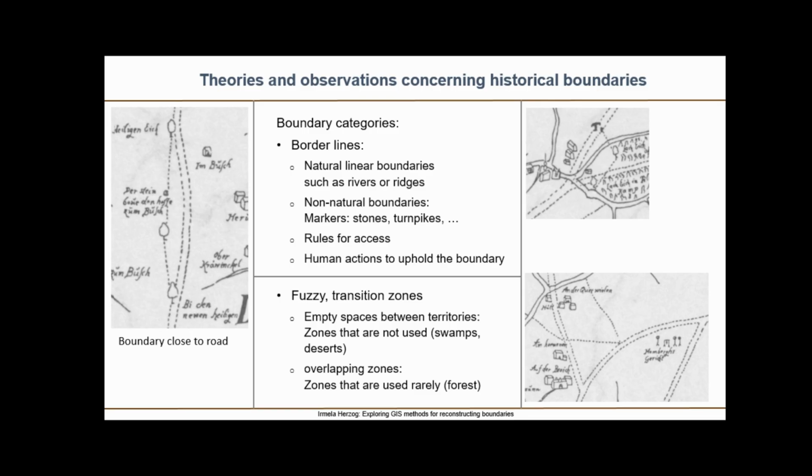One sort is the borderlines, the other sort is fuzzy transition zones, and of course natural linear boundaries are often very prominent, but in many parts there are non-natural boundaries, and there are markers which can be found in the archaeological record.